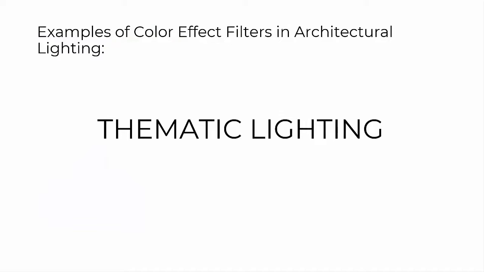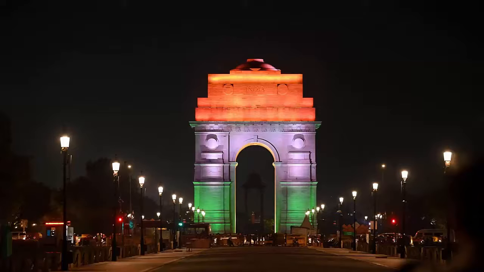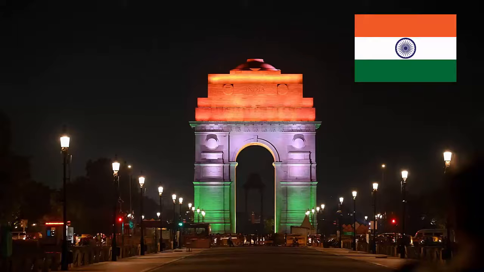Next we have thematic lighting, the purpose of which is to reflect a particular theme or occasion. For example, here I have a nice picture of India Gate, beautifully lit up with the tricolor lights, that is saffron, white, green, the flag colors of India. Nice.